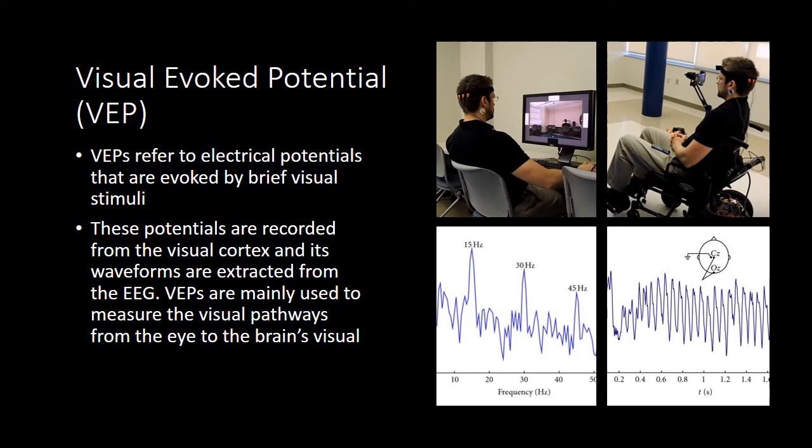Once the user directs his or her gaze at a button, the system determines the frequency of the photic driving response over the user's visual cortex. When the frequency matches that of the displayed button, the system concludes that the user wishes to select it.